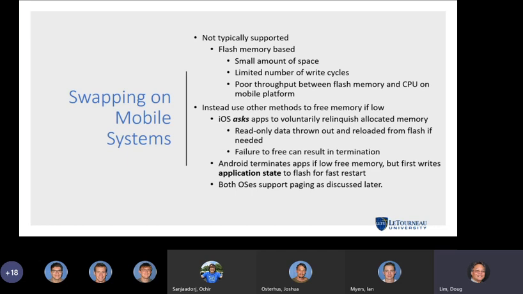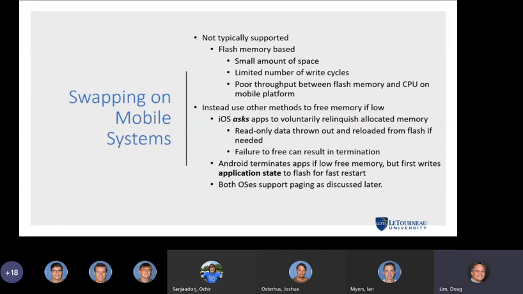Instead, other methods are used to free memory if it's low. In iOS, it asks applications to voluntarily relinquish allocated memory. It tries to throw out only the read-only data, and not the data that is being written to or modified.